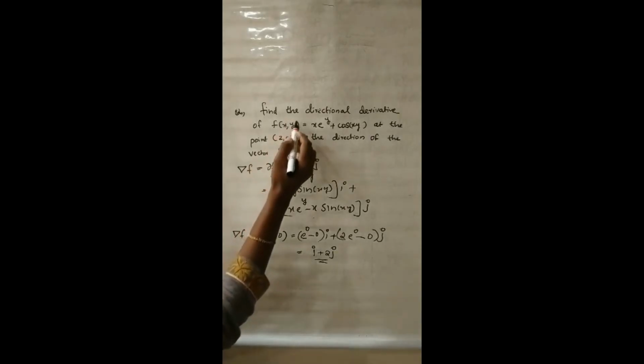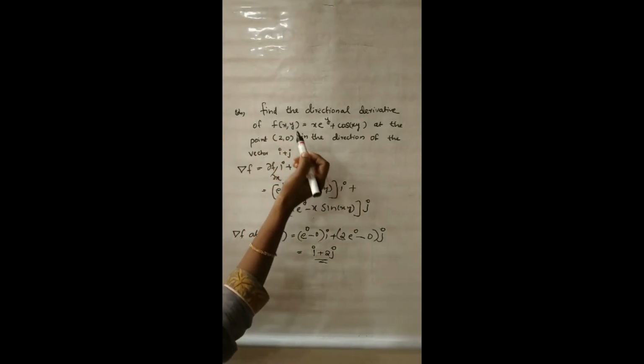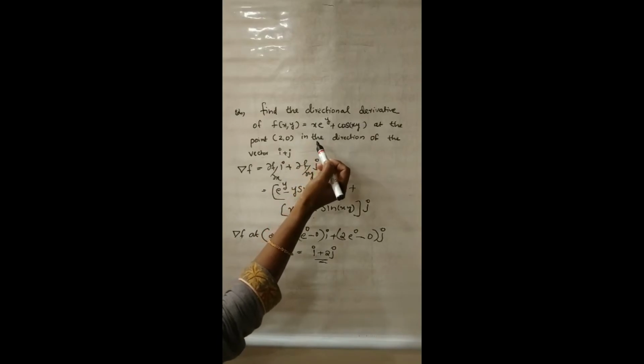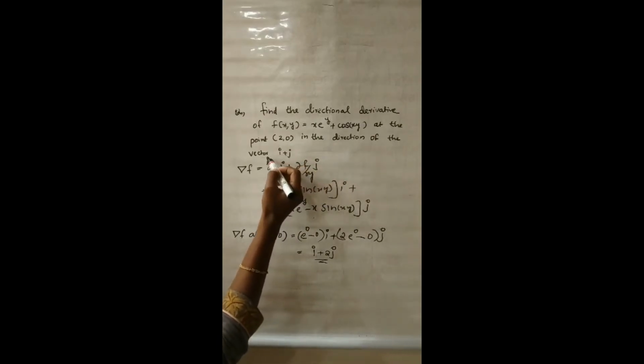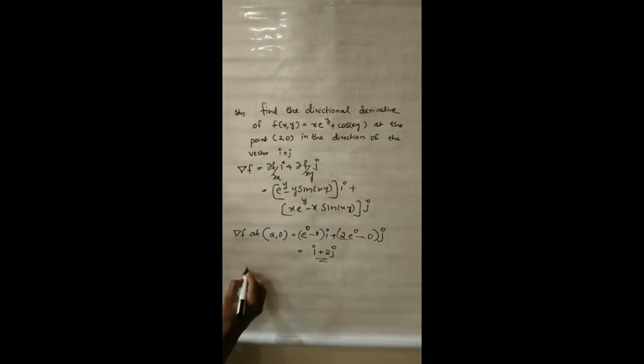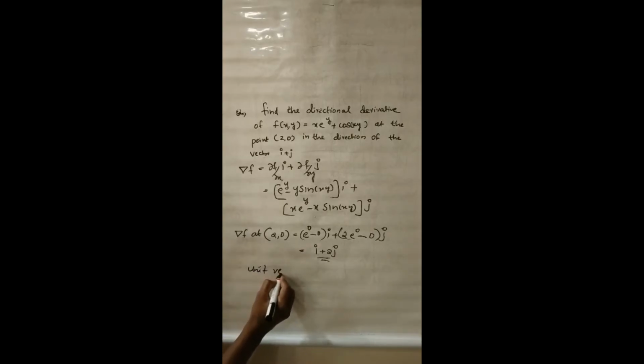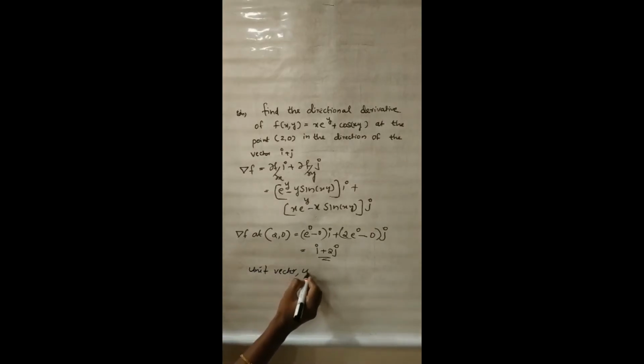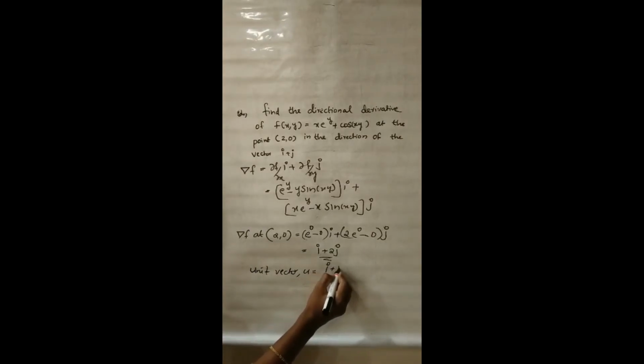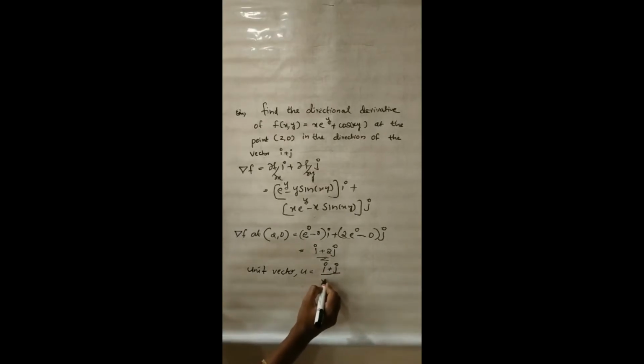Then we have to find the directional derivative. The definition of directional derivative is along the direction of a unit vector. Here we are given the vector i plus j, which is not a unit vector. So we have to find the unit vector along that direction. The unit vector u: i plus j is not a unit vector, so we have to divide that vector by its length.